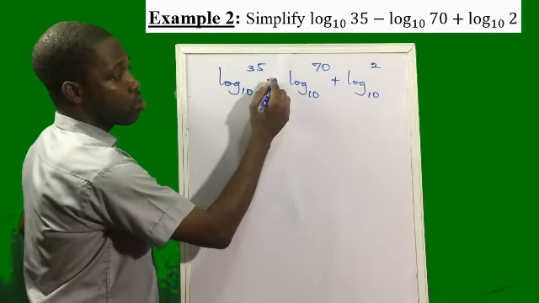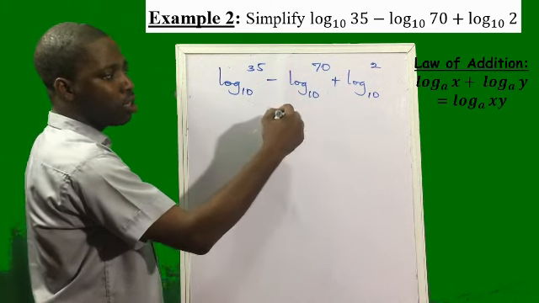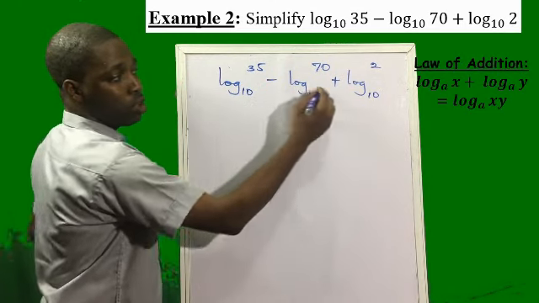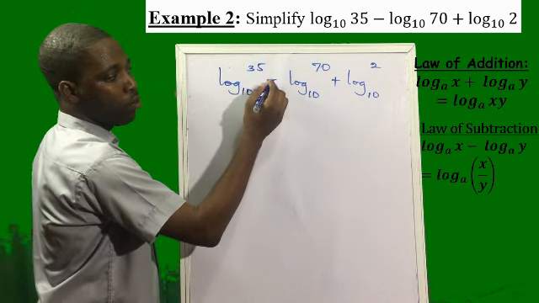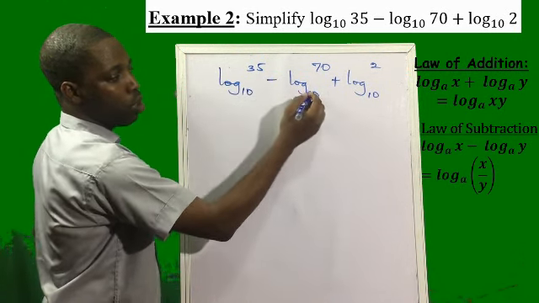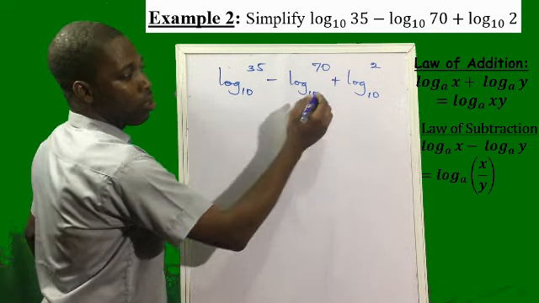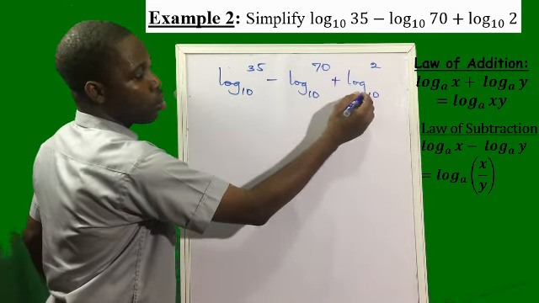Here we have the subtraction sign and the addition sign. We can combine law 3, which is for addition, and that of law 4, which is for subtraction. For subtraction, we use it when we have minus in between two log of the same base. While for addition, we use it when we have addition in between two logs.